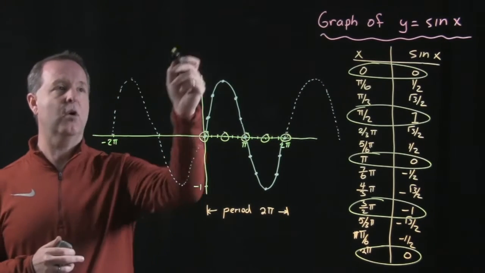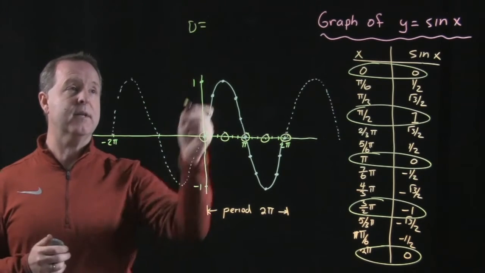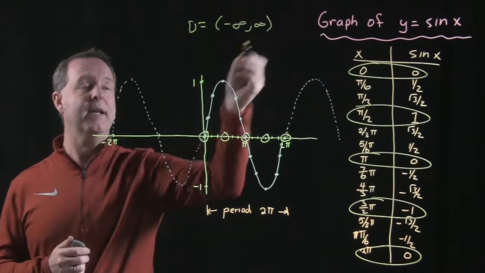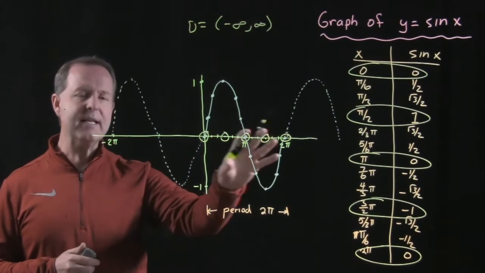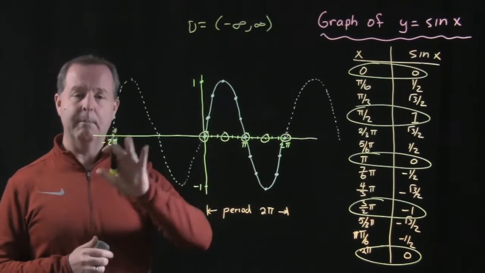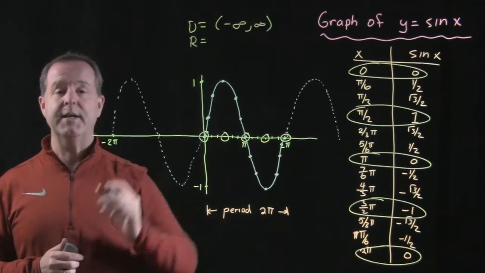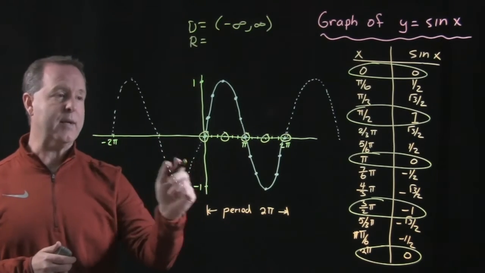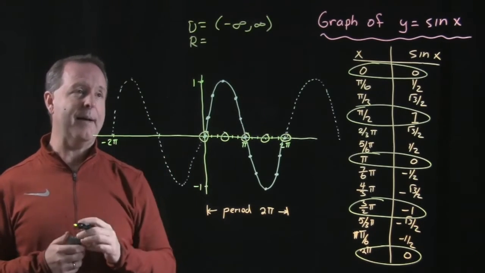Well, this graph has a domain. Domain are all the x values, and we know that we can input anything from negative infinity to positive infinity within the sine function. And I hope you can see that as the graph continues in both directions. Its range is what are all the values that we would get. And the values we get look like 1 and -1 are capstones.